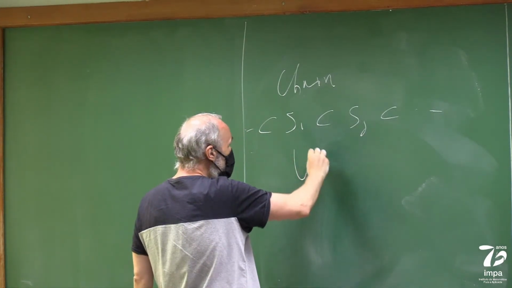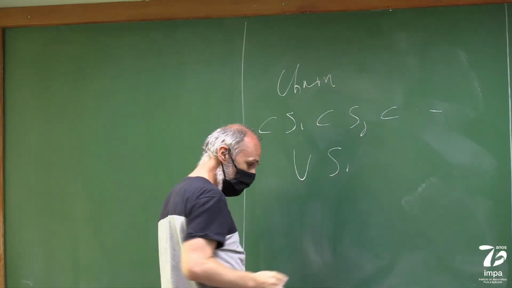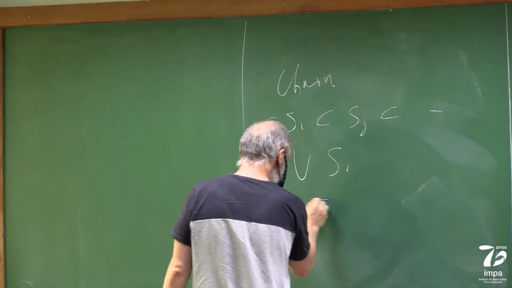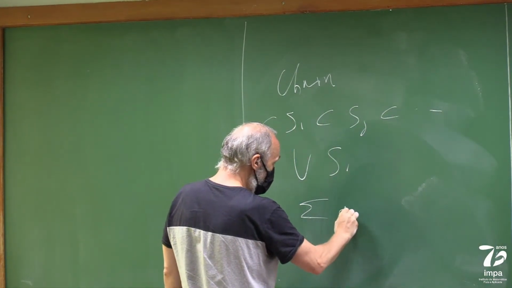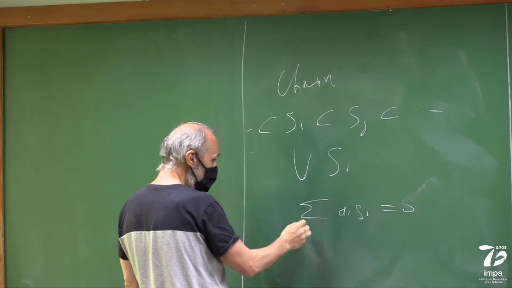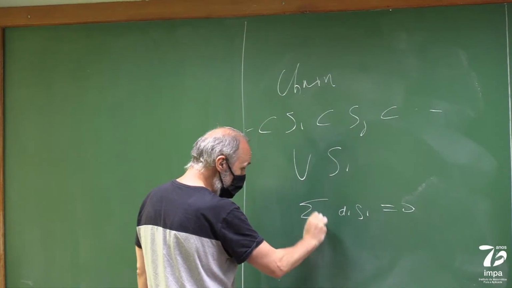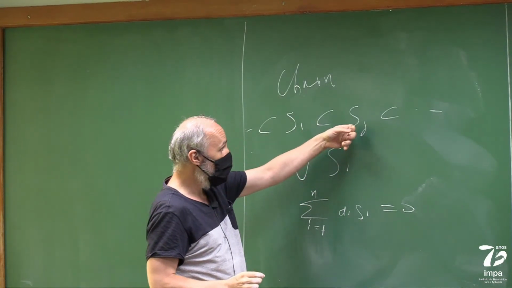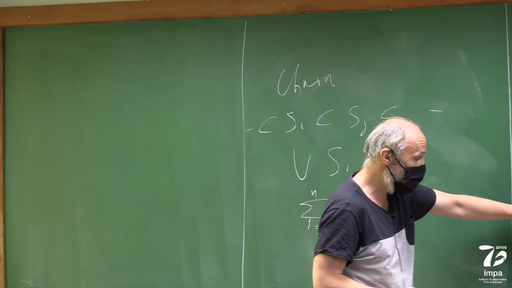Take its union. Suppose it has a finite linear combination, the sum of a_i s_i, which is 0. Each of these s_i belongs to one of these linearly independent subsets.